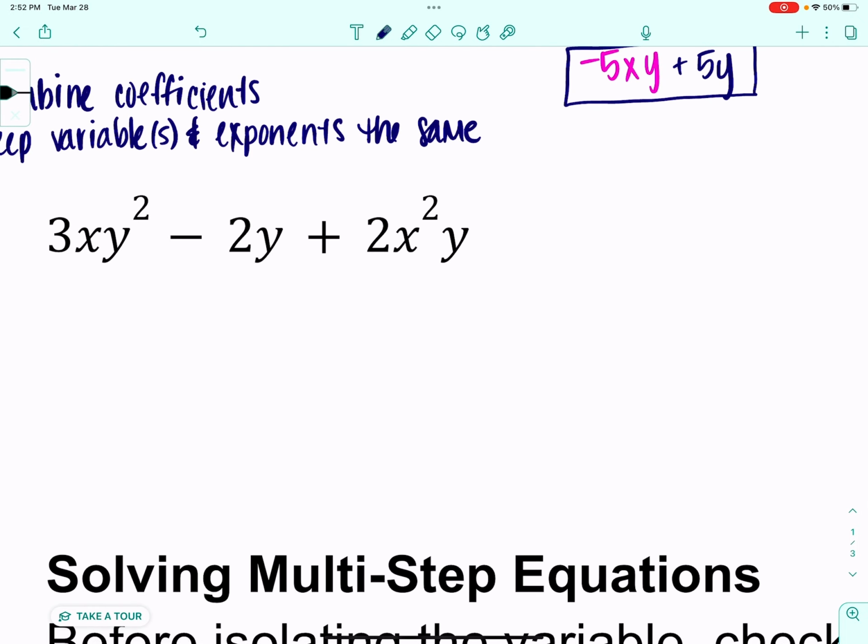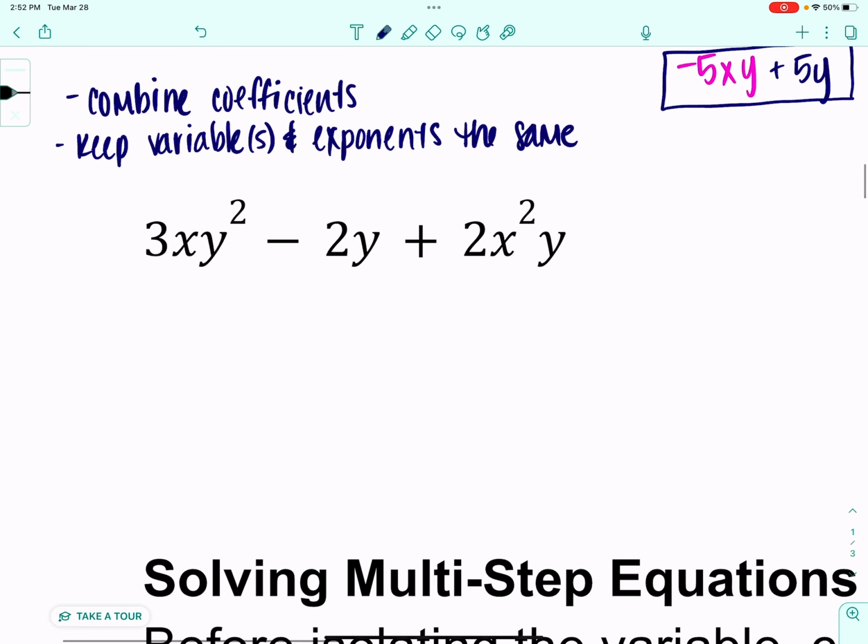This one is even a little more different than the other ones were. These all have variables, so we've got a little more work to do. My first term has an x and a y. Well, that second term only has a y, so it doesn't match. My third term has an x and a y, so I'm going to check my exponents.